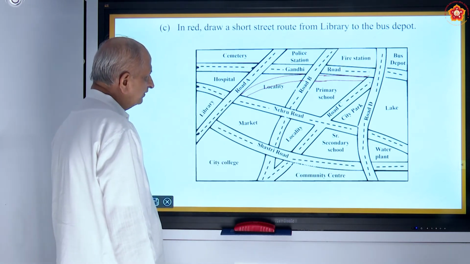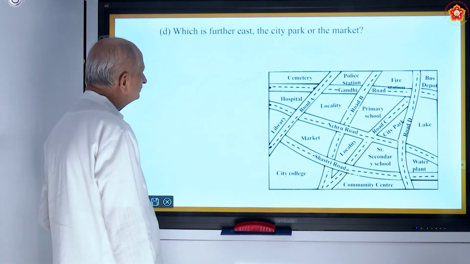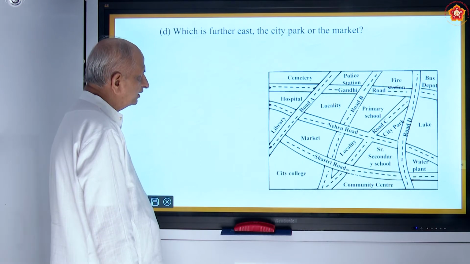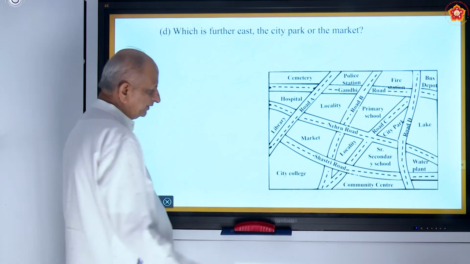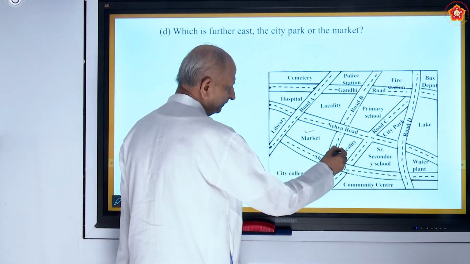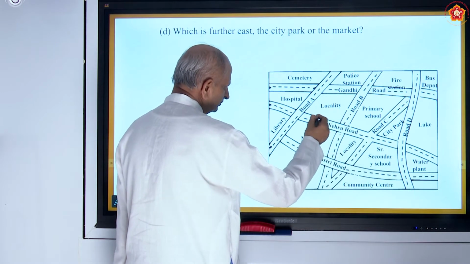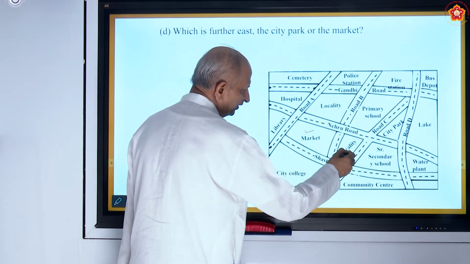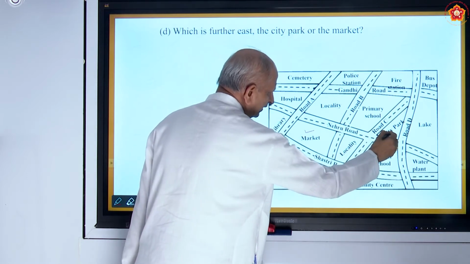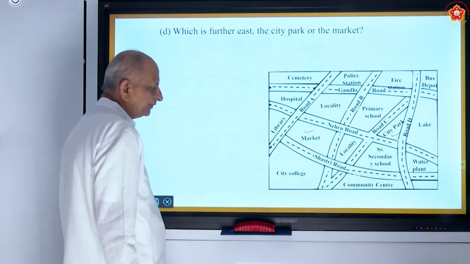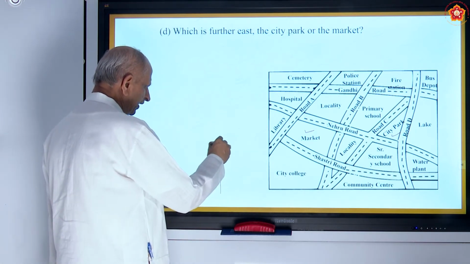And next question: which is further east, city park or the market? See, market is here, city park is here. So you are telling which is further east. When you draw a map, you know the directions.